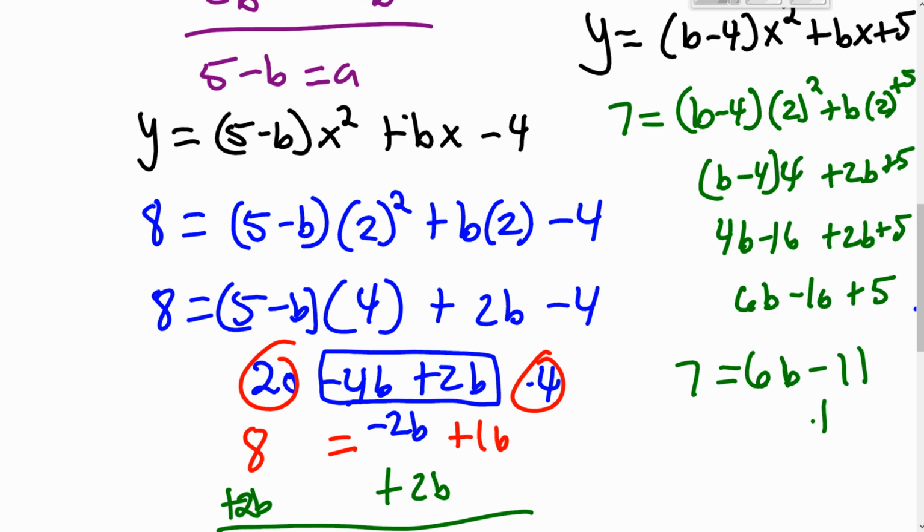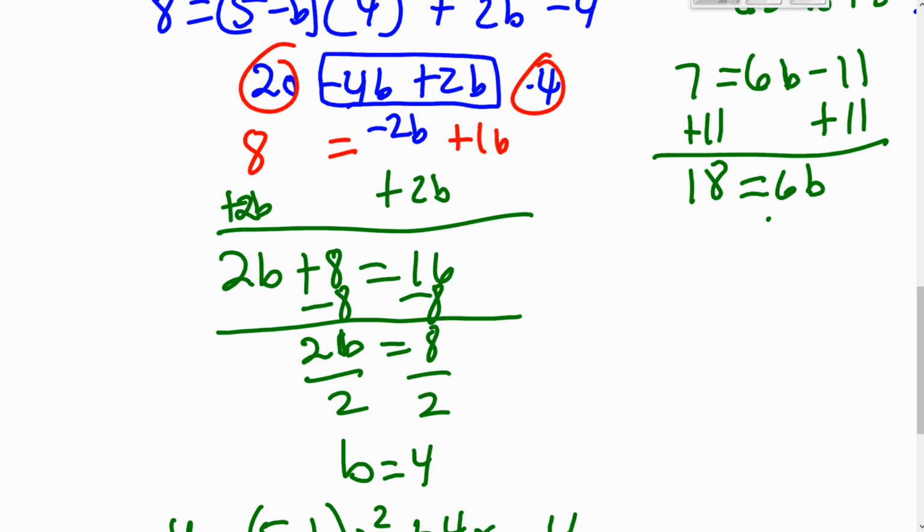So now we can add 11. Add 11. So we get 18, which is nice, because 6 times what is 18? That'd be 3. So 6b is equal to 18. Sorry, I gave you the answer. Divide both sides by 6, and the answer is 3. So there's our b.